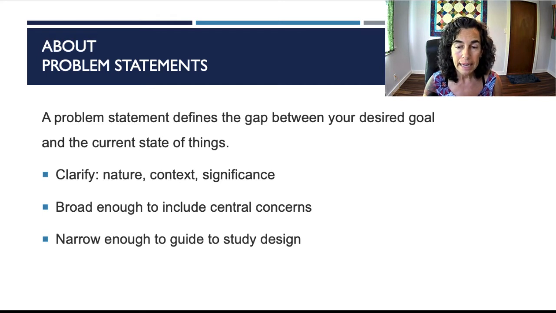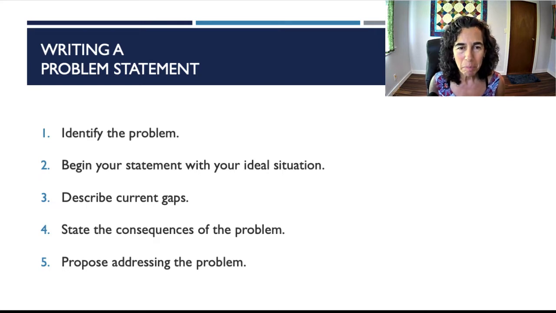So again, I will be helping you to come up with these problems and also to size them appropriately so that they can actually be the topic for a research study or a hypothetical research study. When we write a problem statement, we identify the problem, we begin the statement with an ideal situation, describe the current gaps, state the consequences of the problem, and propose addressing the problem.